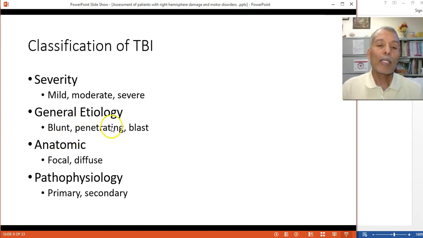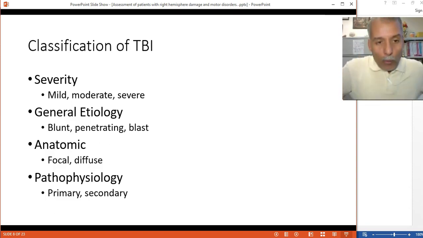Or there's a blast, especially in a military setting, a blast that might occur could also cause damage in the brain, even though in some cases the skull is not opened, but the tissue inside is severely affected. You know that certain levels of sound can actually kill a human being.